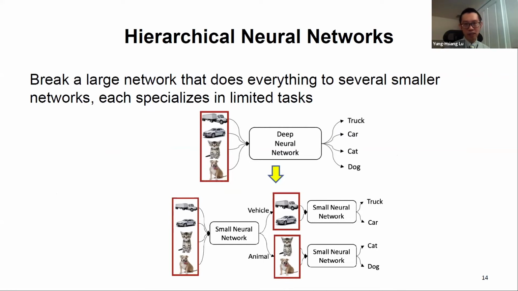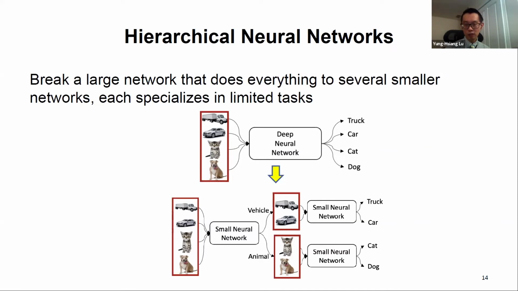The second part is the recent research in my research team. We look at how we can reduce the energy consumption for image recognition. This picture shows a very simple concept. We call it a hierarchical neural network. At the top of the slide, you can see how people usually classify images into different categories. In this simple example, we consider truck, car, cat, and dog.